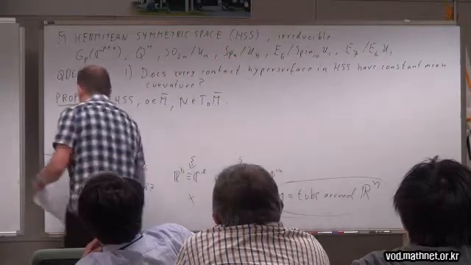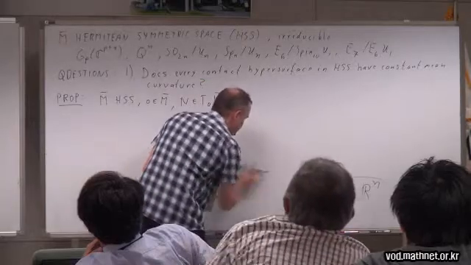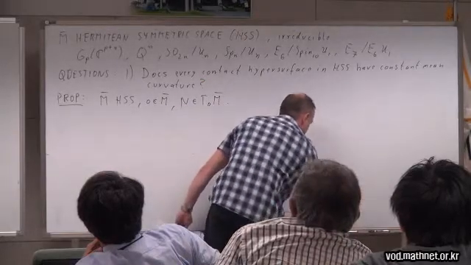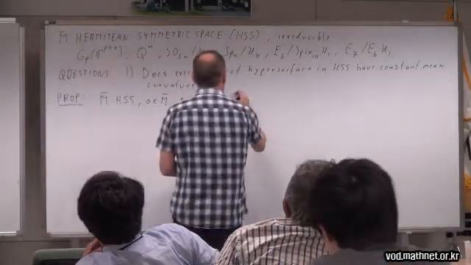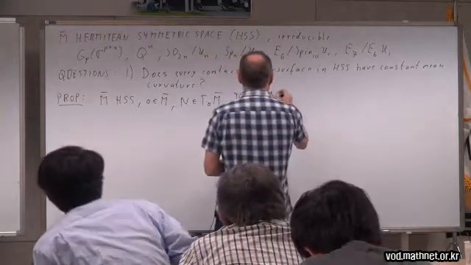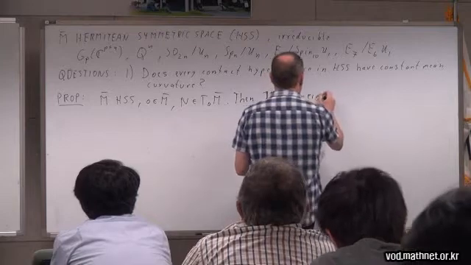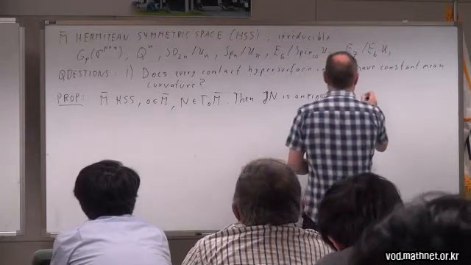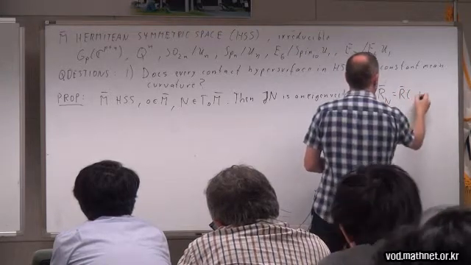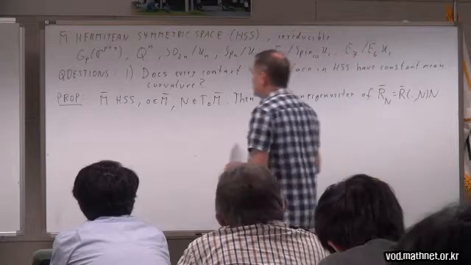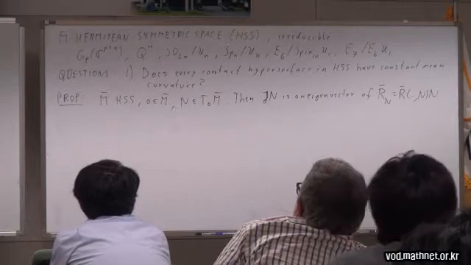Then Jn is an eigenvector of the normal Jacobi operator. I'm not thinking about hypersurfaces at this stage, so it's just a question about Hermitian symmetric spaces.